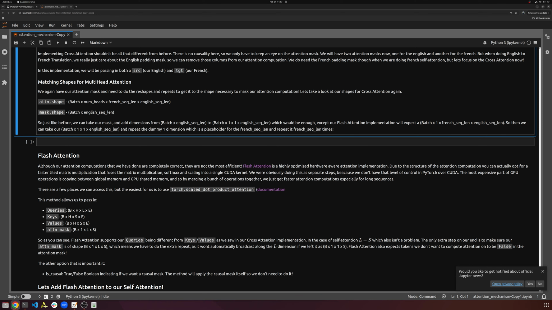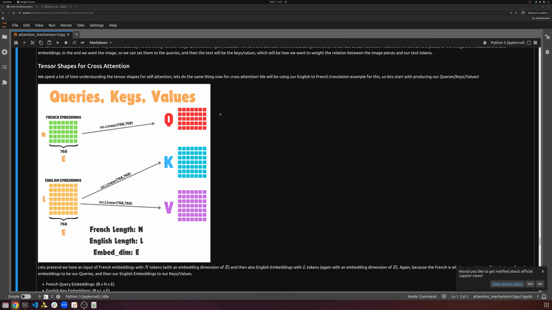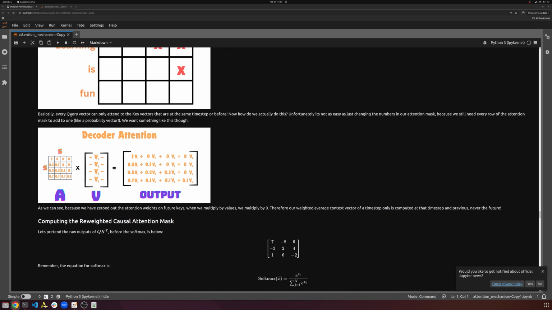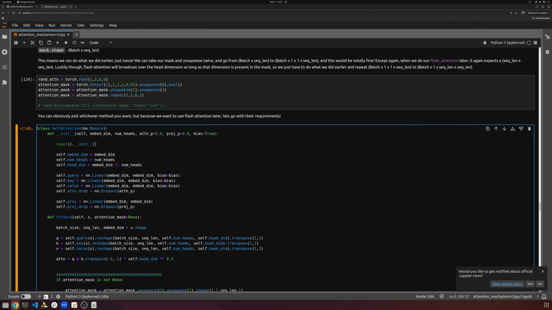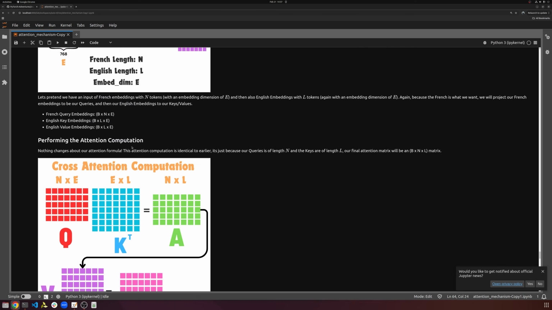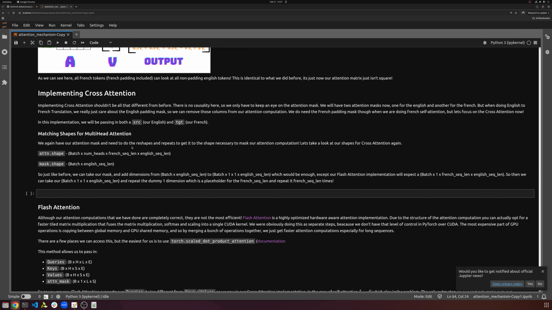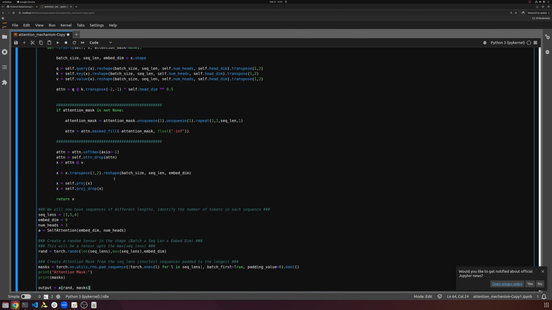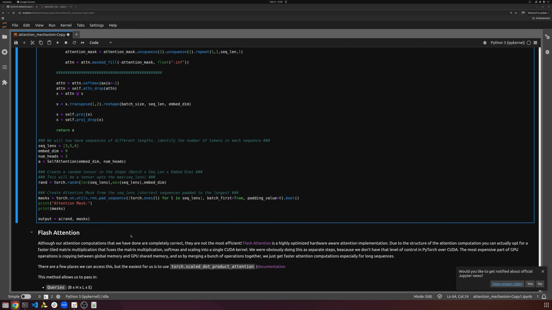So let's go ahead and take a look here. In our cross attention, everything is the same. So I'm going to copy paste our existing self attention, because we don't need the causal stuff at all. I'm going to put it right here. As you can see, we're implementing the same thing over and over again. We're not doing anything crazy here, but our data will look kind of like this.